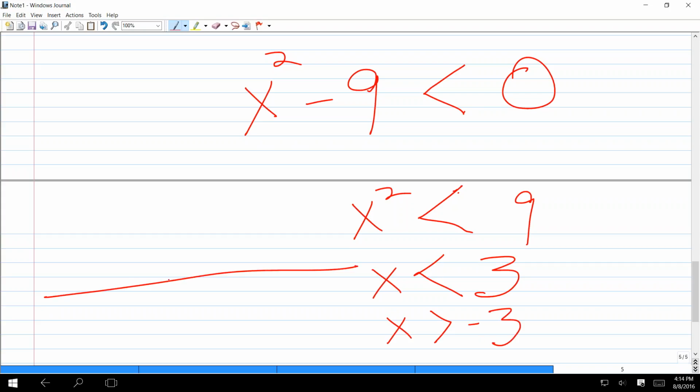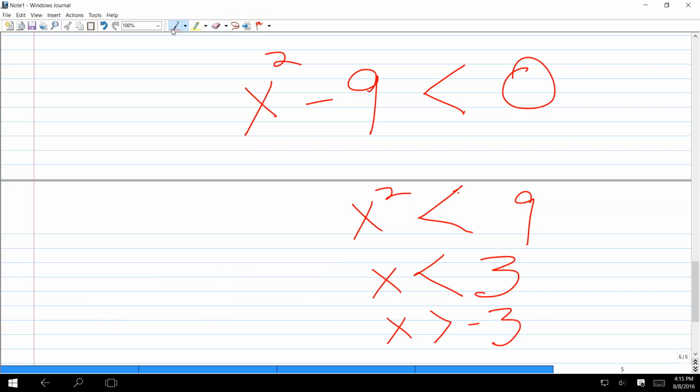So on a number line, there's 0, there's minus 3, there's 3. Our answer has to be in that area right there. It cannot be minus 10. It has to be greater than minus 3 or less than 3. In other words, I had to do a similar thing as when I'm dividing by a negative number.